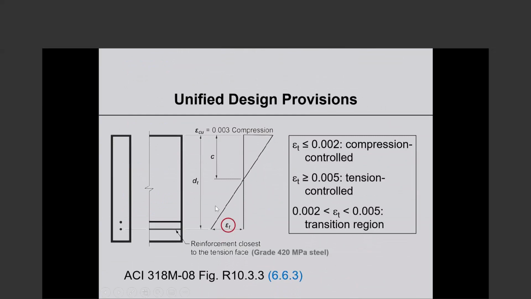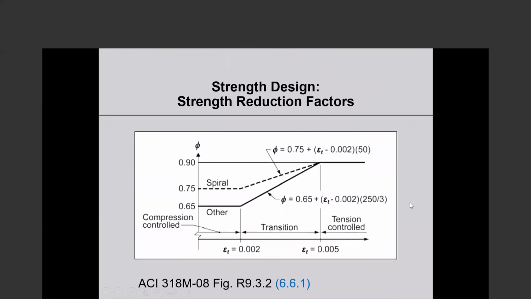So if the net tensile strain, which is the strain in the reinforcement corresponding to 0.003 in the extreme compression fiber of concrete, is less than or equal to 0.002, you have a compression control section. If it is larger than or equal to 0.005, it's a tension control section. In between, transition section.